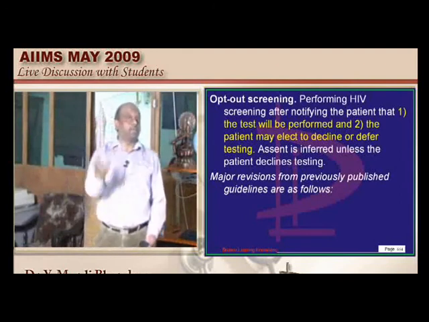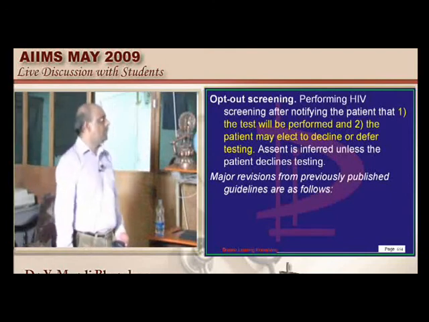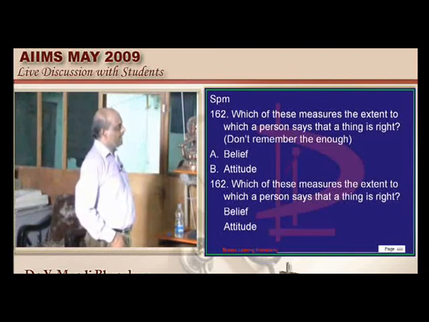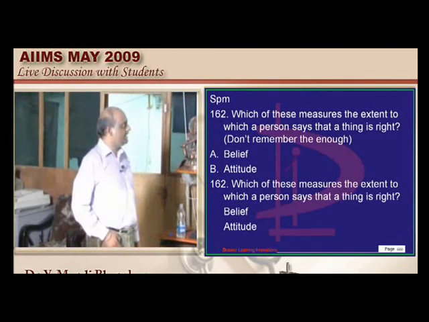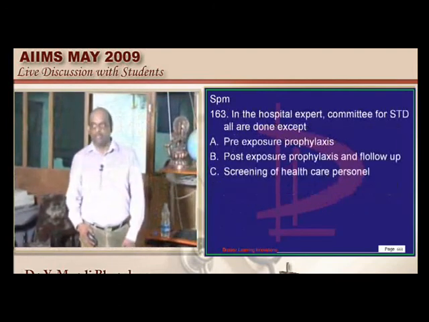That is what the CDC has recommended, and it needs to be remembered. Which measures the extent to which a person says the thing is right? Once more, it's more to do with English. I am not sure what was in the examiner's mind. I'll quickly go to the surgery questions.